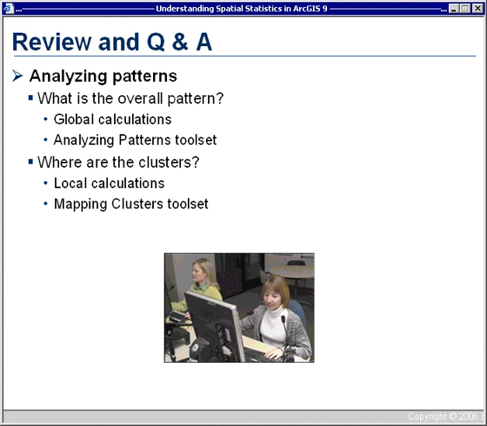But when your z-score falls outside of that range, if you get a very, very high or very, very low z-score like minus 2.5 or plus 5.4, you have a pattern that's probably too unusual to just be another version of random chance. And so we can reject the null hypothesis, and then we want to try to figure out what spatial processes might be causing that pattern, either a clustered or dispersed pattern. I'm going to turn it back over to Sandy.